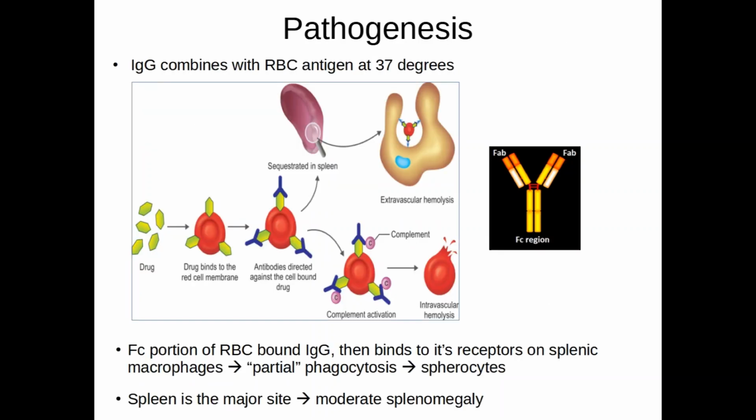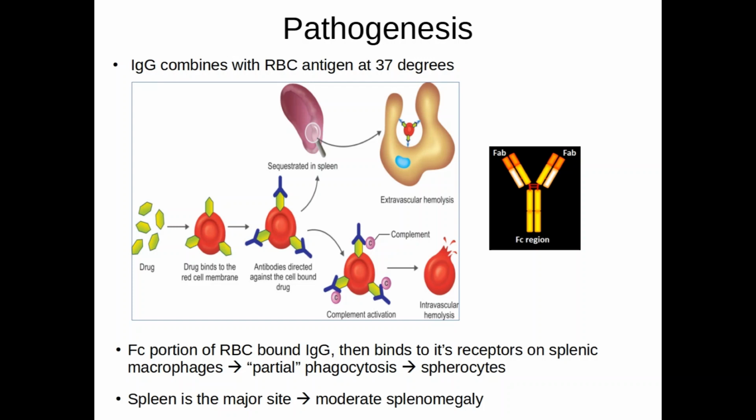Coming to the mechanism of this warm type AIHA, the antibody will go and bind to the RBC membrane at 37 degrees Celsius. That is why it is called a warm antibody, because the antibody combines with the RBC antigen at 37 degrees Celsius. Once the antibody is bound to the RBC, two things can happen.